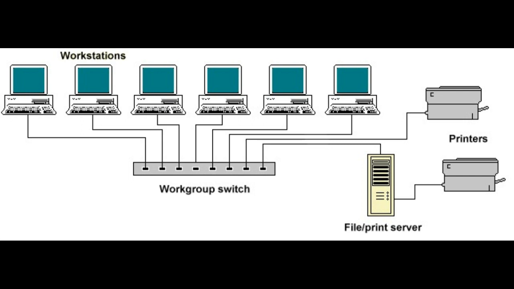For example, one room has 10 computers and another room has 20 computers. In between, we have to put a bridge. Why do we require the bridge? We cannot run 10 to 20 wires through from room to room.